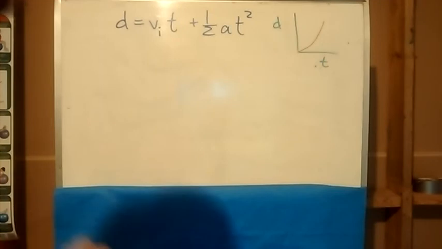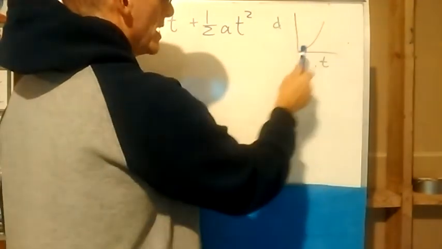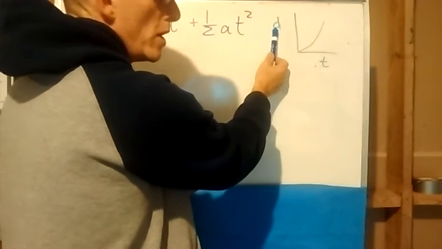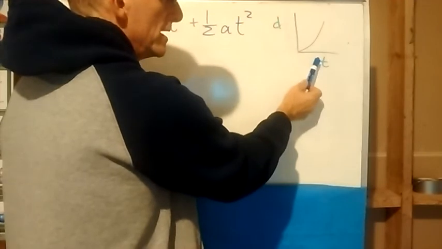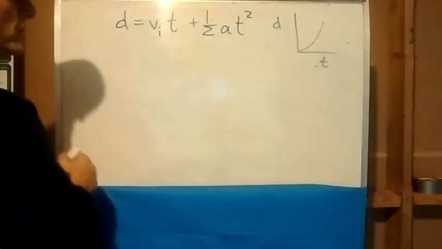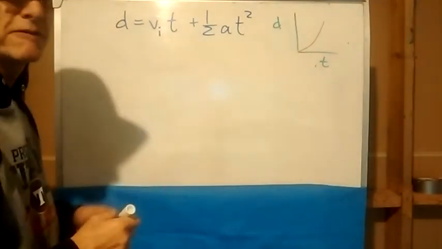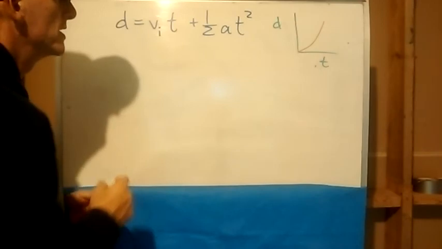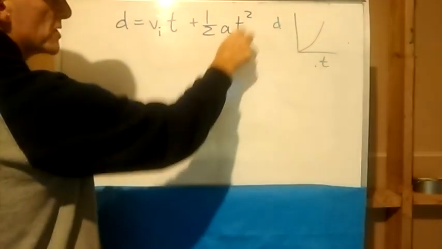So using that graph that we drew earlier, the d versus t graph, it is a parabola, and d would be like the y, t would be like the x. So it's going to be something like d is equal to something times t squared. In fact, when you do the math on it, based on observations that people take out in the field, and we will do in physics class too, you end up getting an equation that's d is equal to 1/2 times a times t squared, plus another constant, v initial times t.